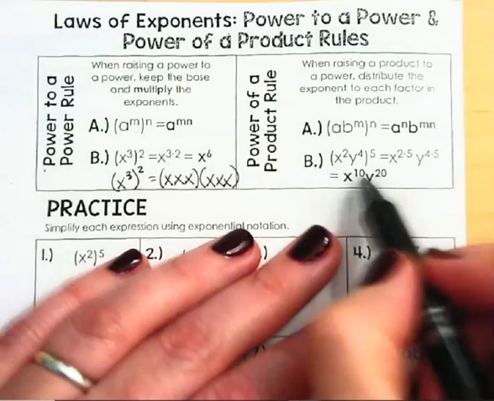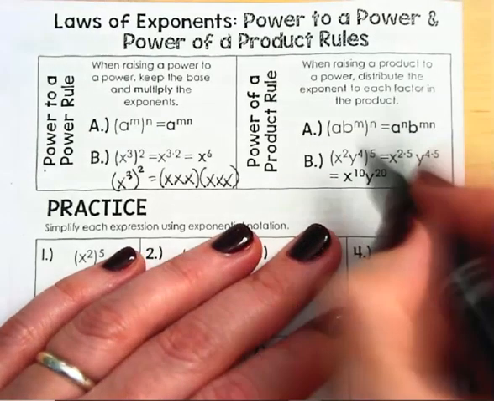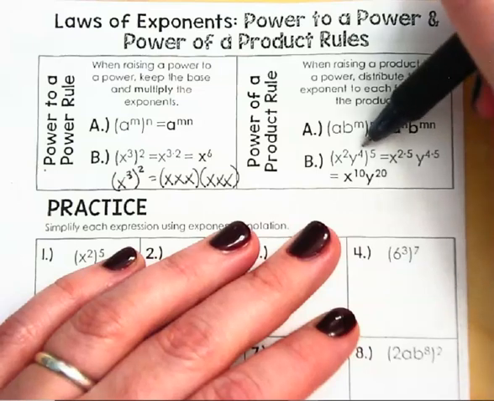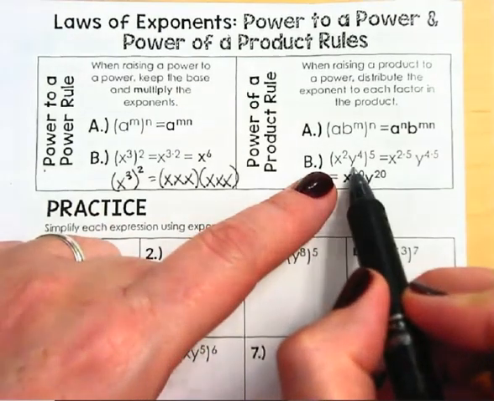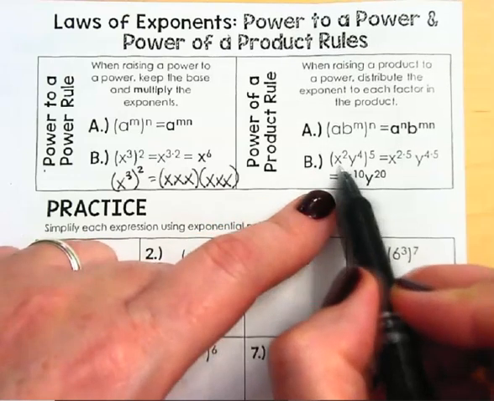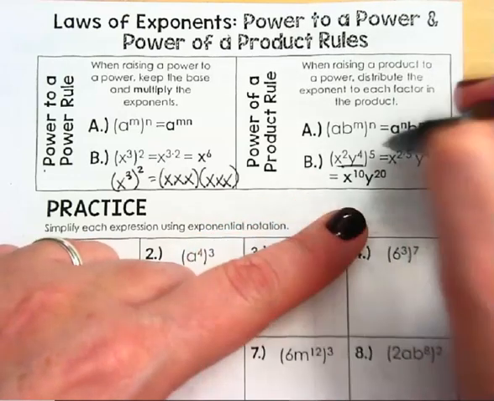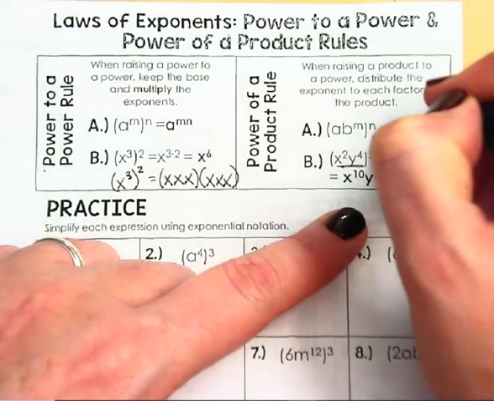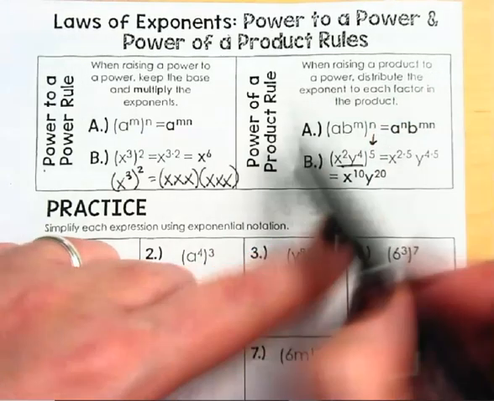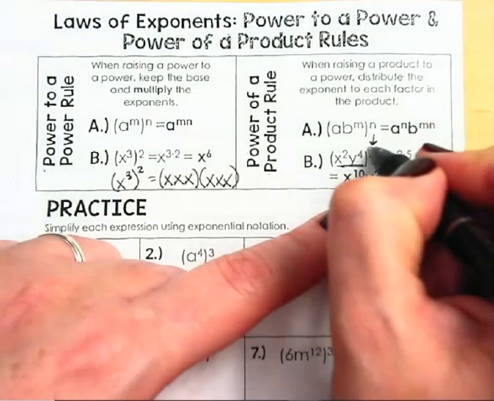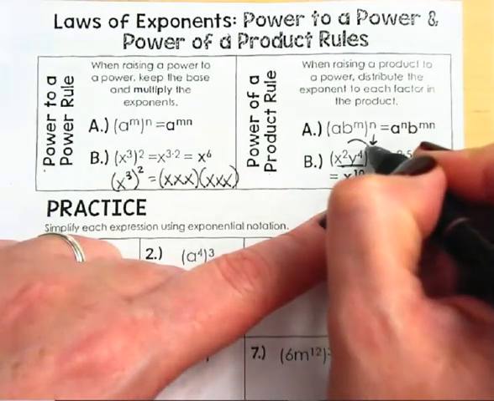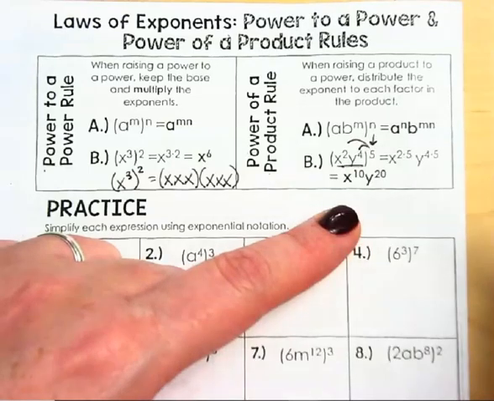And then over here, we're still raising powers to powers, but we have more than one base being multiplied inside this group. So this is my product in here that's being raised to this power outside. So that's why we call this power of a product. And when this happens, that power on the outside is getting multiplied by every power on the inside.